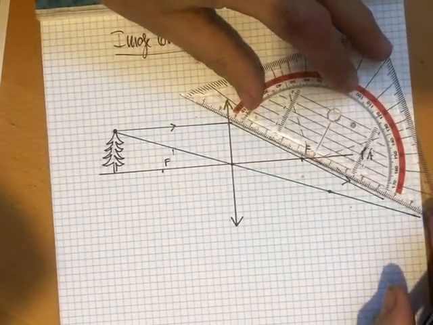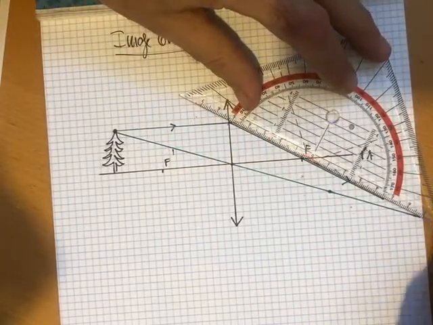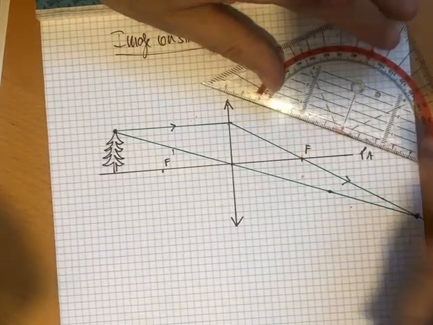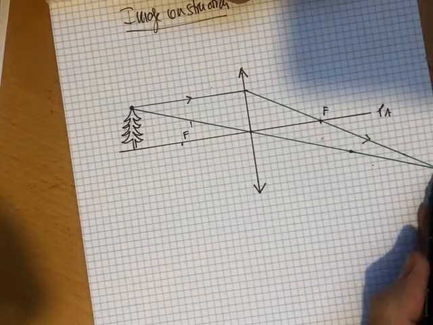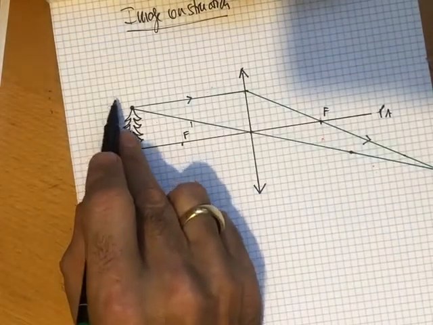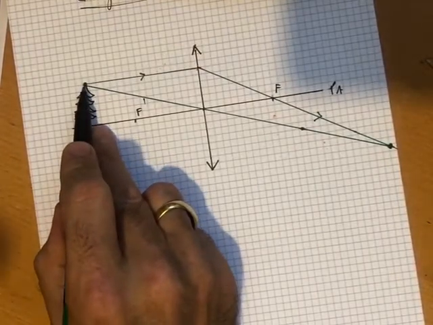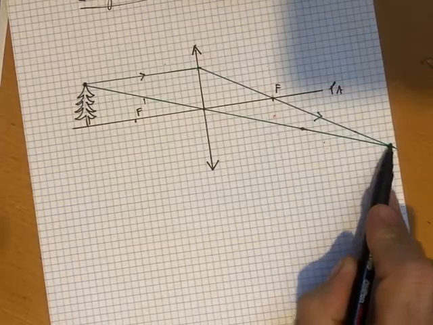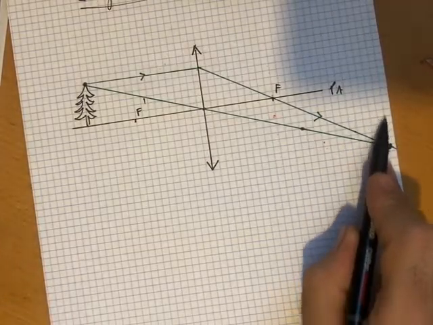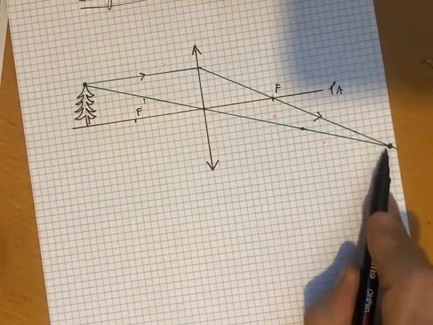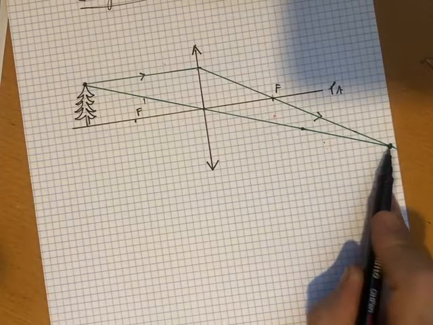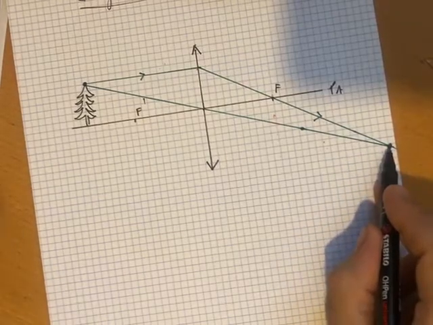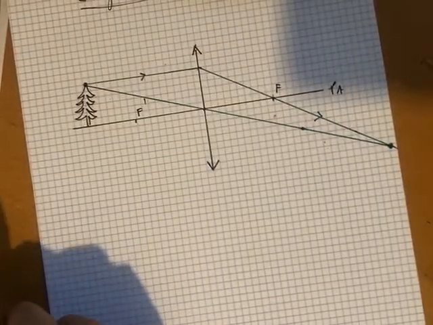Now I realize that this one is not long enough, so I will make it a bit longer, and you see that these 2 rays meet here, meaning that this point at the top of the tree has an image here. It's an inverted image, it's down, and the image is also a bit bigger than the initial object. We will see later the laws of lenses, all that is related. And this will be the image of the top of the tree.